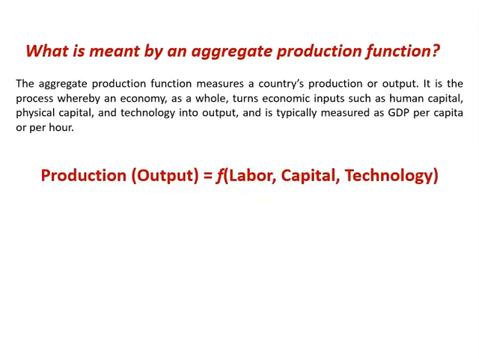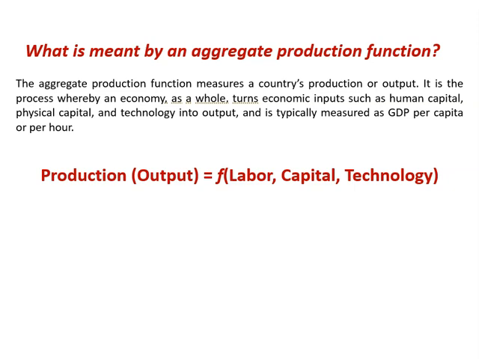Let's be very clear about what is meant by an aggregate production function. The aggregate production function measures a country's production or output. It is the process whereby an economy, as a whole, turns economic inputs, such as human capital, physical capital, and technology into output, and is typically measured as GDP per capita or per hour.